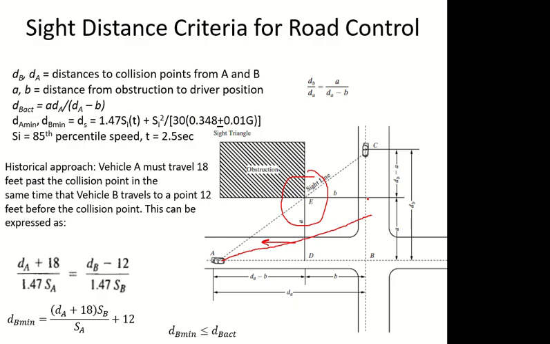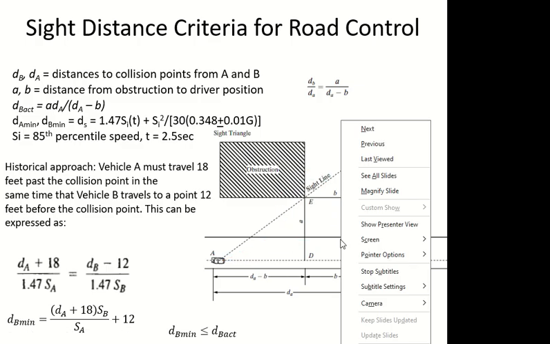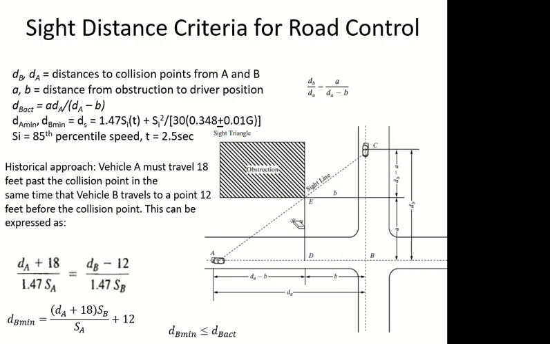Now if you look at, let me remove the extra lines here. If you look at the position of this car and point B, it makes a triangle.